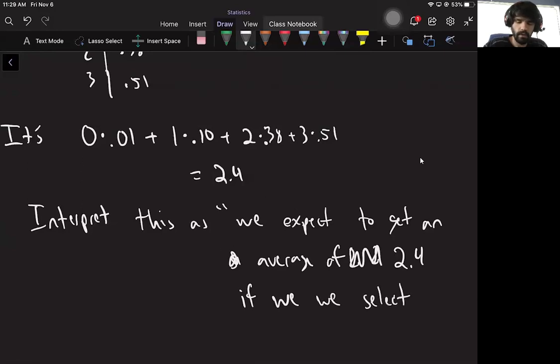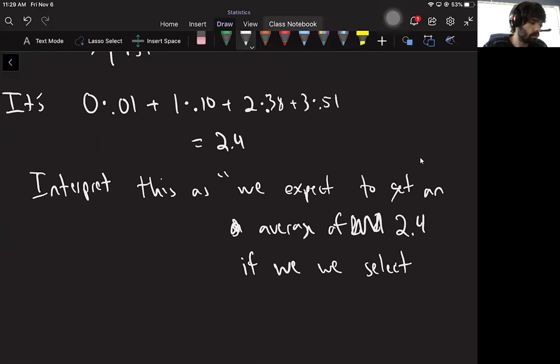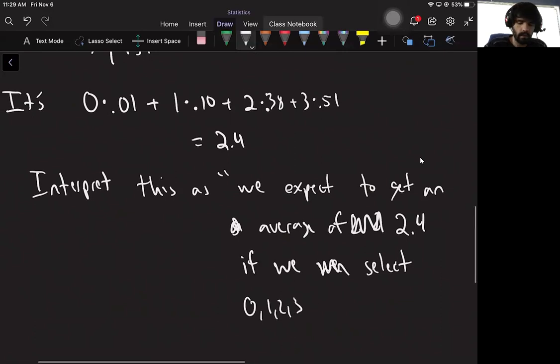You can picture this with a bag, which I'll do in a second. We select 0, 1, 2, 3 according to these probabilities.